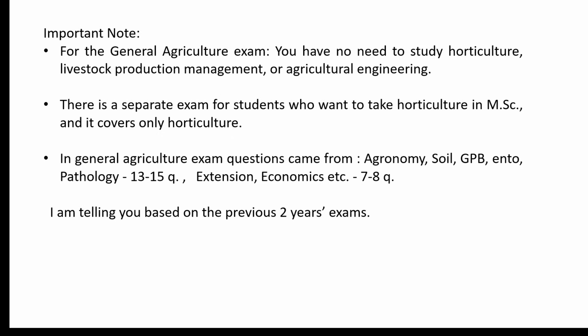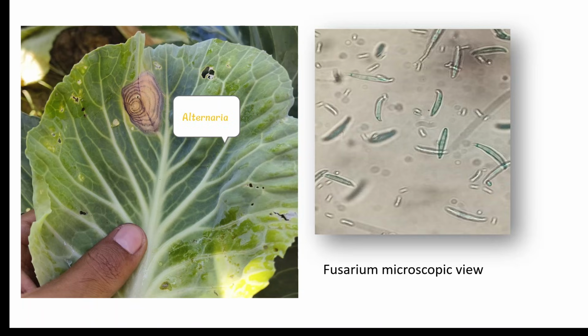And in general agriculture, agronomy, soil, GPB, entomology and pathology contain 13 to 15 questions, and extension and economics 7 to 8 questions. Whenever we gave this exam in 2024, 120 questions came, and last year students are saying 150 questions came. So the pattern can change slightly every year.